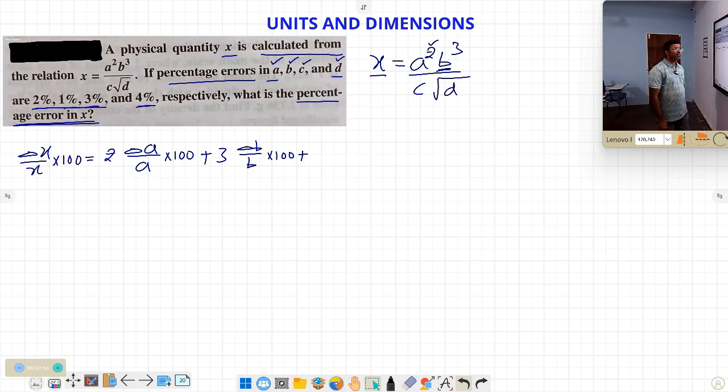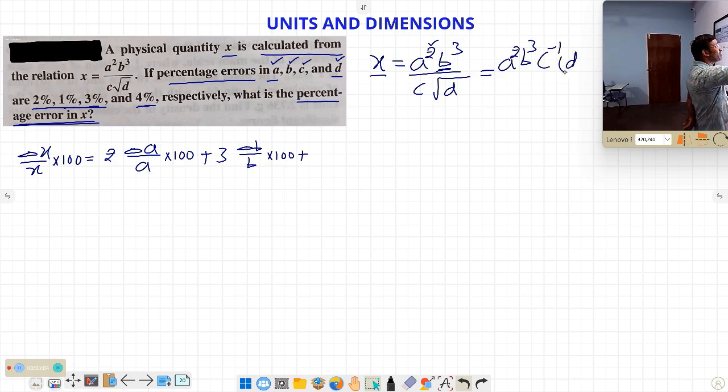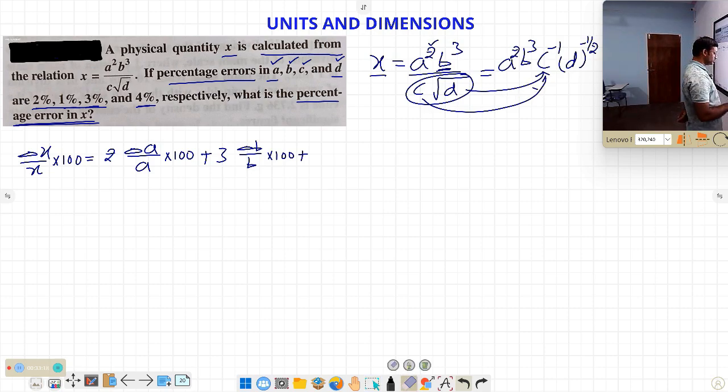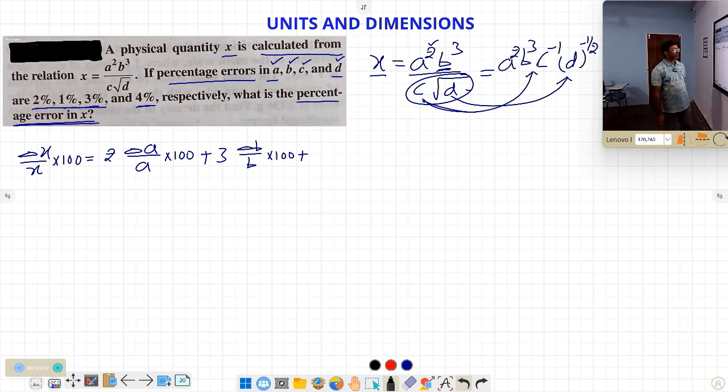Plus c. The c value is in the denominator, so I can write this as a square into b cube, c power minus 1 and d power minus 1 by 2, because I am moving the denominator terms up like this. Now, the c value power is minus 1.